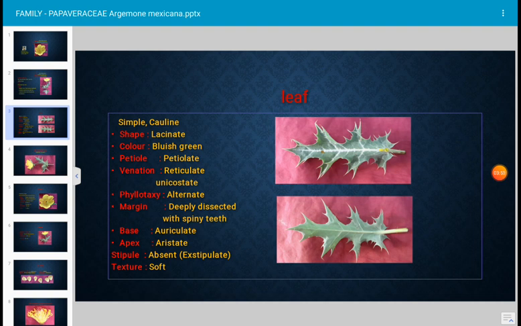When the leaf has a spine-like tip, such a leaf apex is described as aristate. And at the base of the leaf, there is no stipule. A stipule is a small leafy structure. It is absent at the base of the leaf. Stipule is absent in Argemone mexicana, family Papaveraceae. Hence, the leaf is described as exstipulate leaf. And the texture is soft.